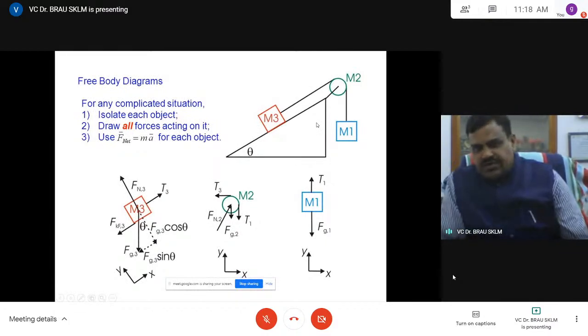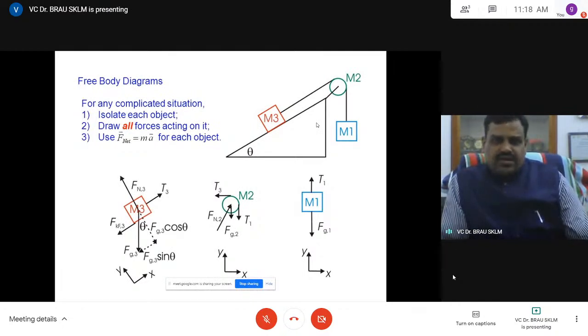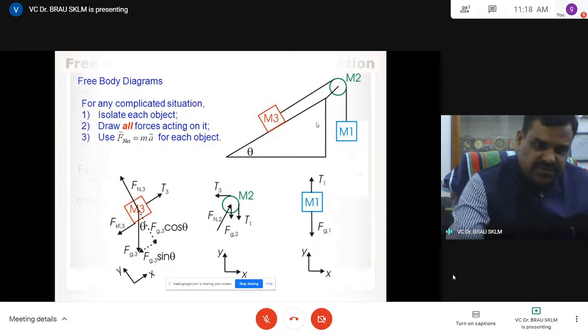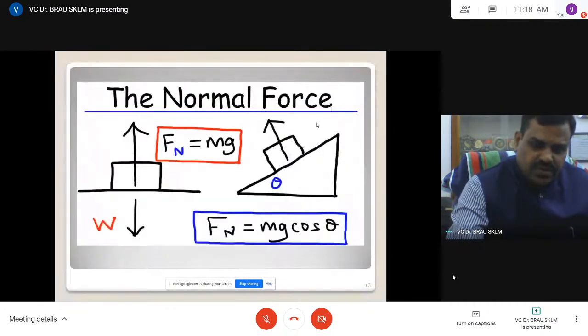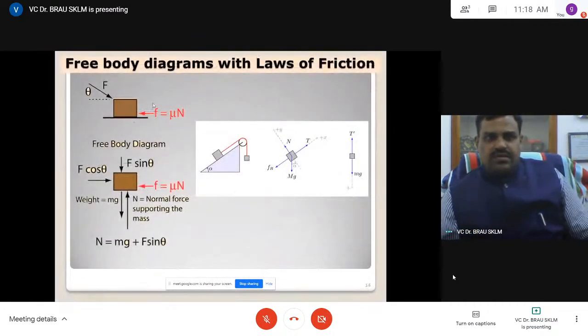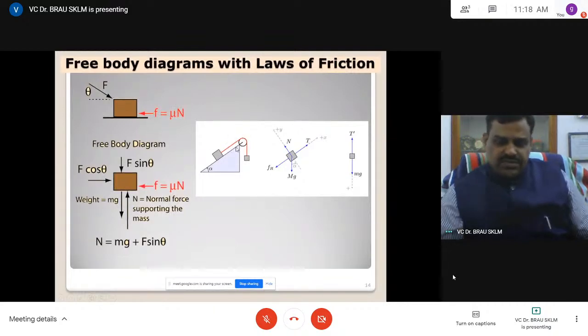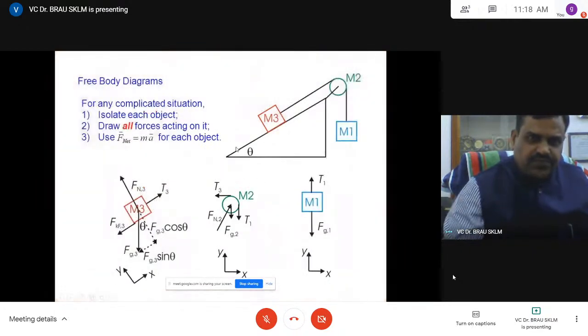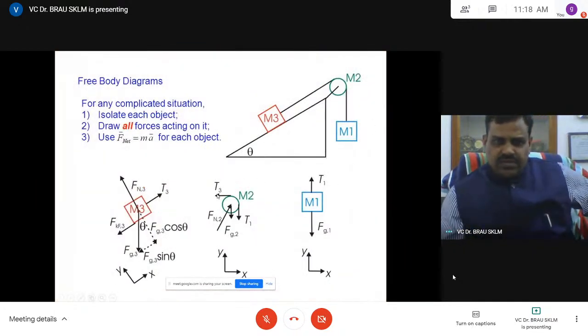For a horizontal surface, if you want, we can keep it, and in that case the tension is T3. Like previously, if I connect a pulley weight downwards, then the tension is horizontal. Here the tension is parallel to this. Active force and reactive force. See, that is the reason why this tension is parallel to this.